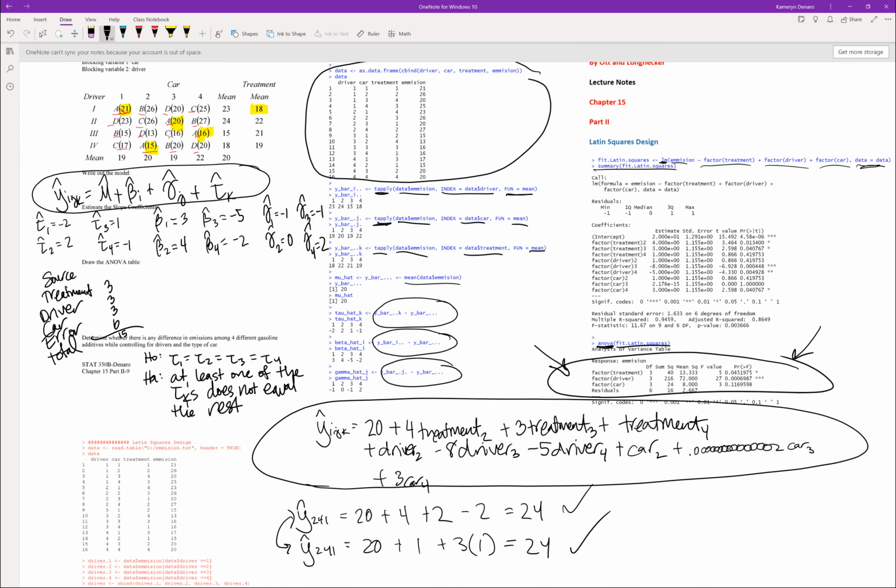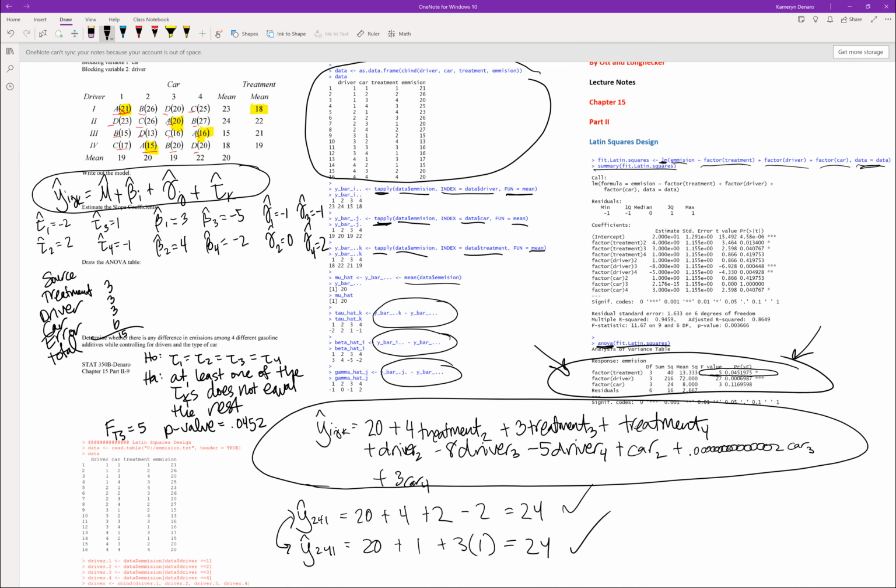And if we look at our F value here, because we're focused on the treatment, the F test statistic is equal to 5, and the P value is equal to 0.0452. So we're just on the border of significance.